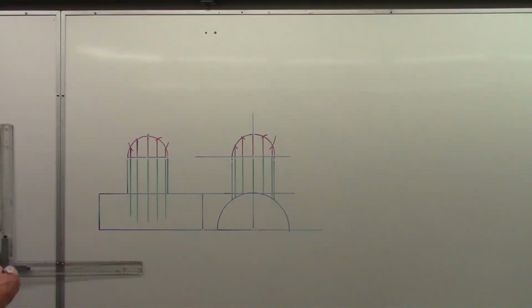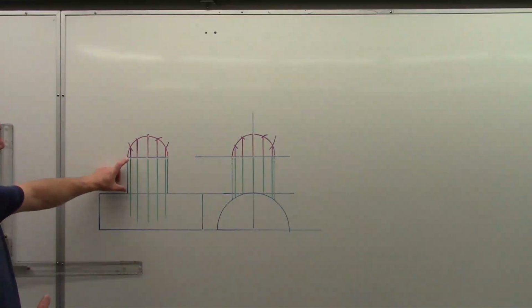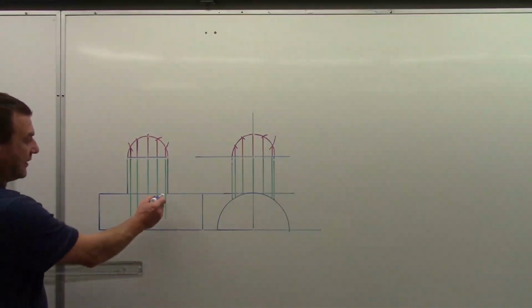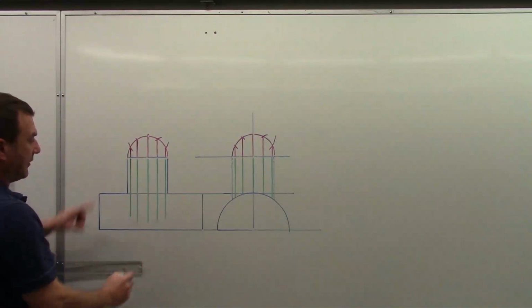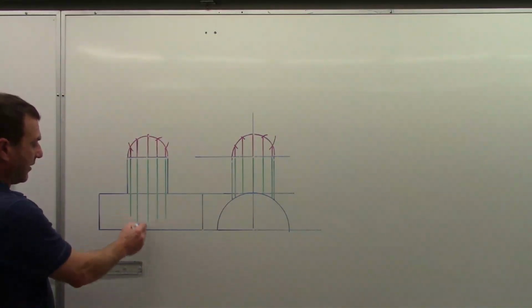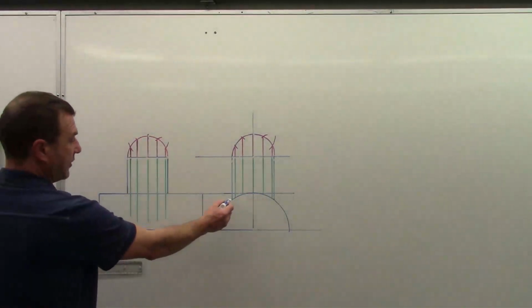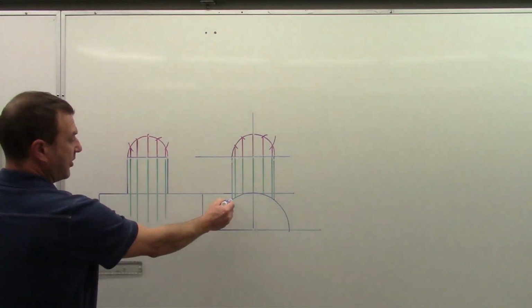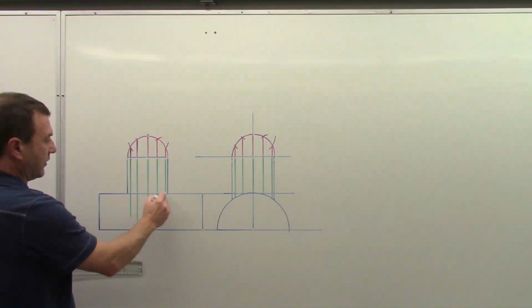Now, we know that with parallel line, the objective is we're trying to find the length of the element lines, and it depends where that miter line hits on the pipe how long they are. It might come all the way down to the bottom if it was equal diameter. In this case, we know it stays fairly shallow, but we don't know those exact heights yet because we don't know where the miter line will hit.